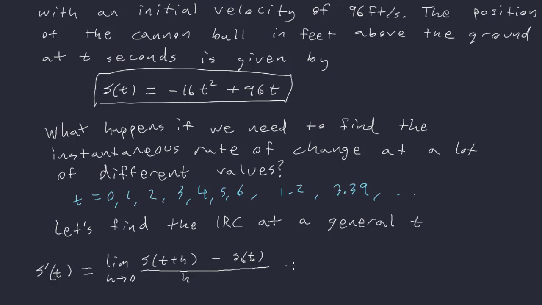So what we do is we plug t plus h into our formula. So we'll get negative 16 times t plus h all squared plus 96 times t plus h. All right, so here is the s of t plus h.